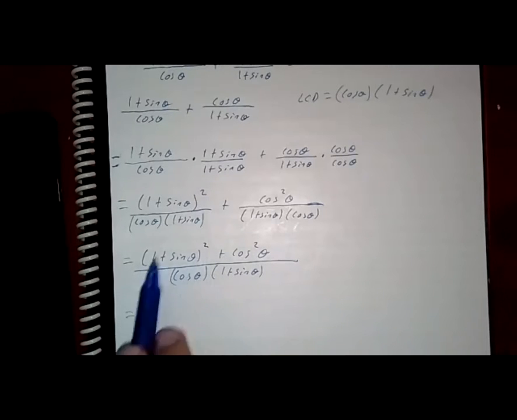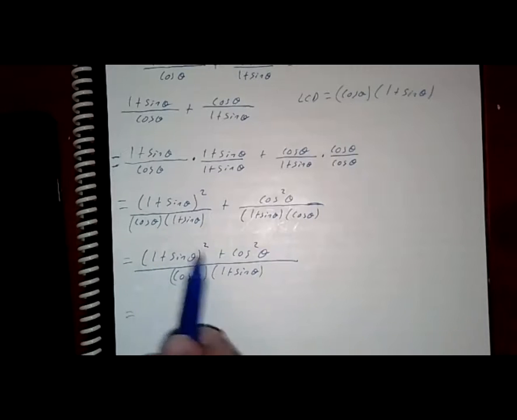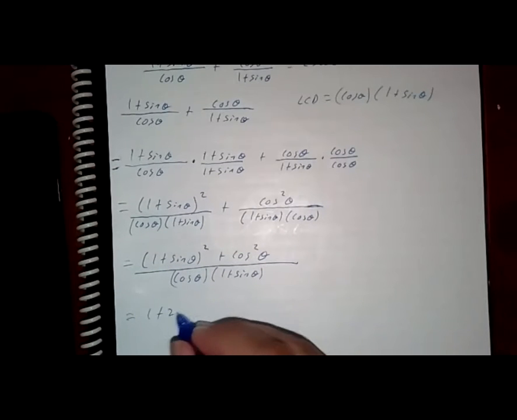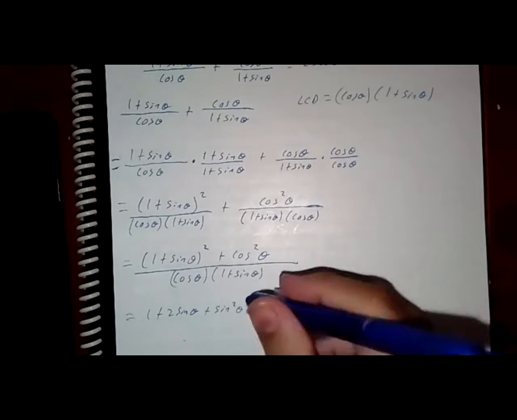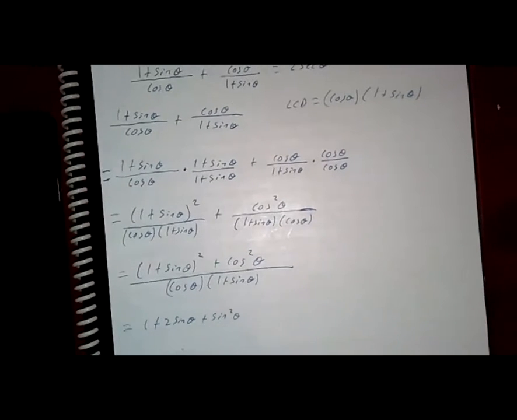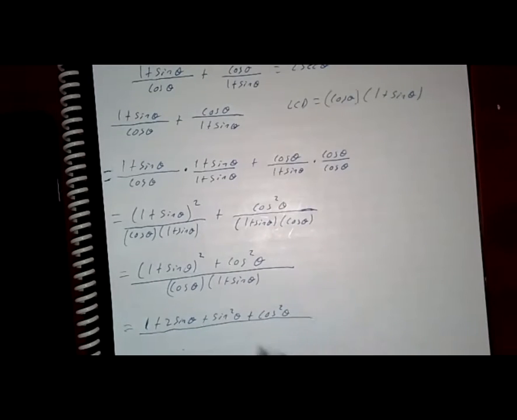1 plus sine squared, if you FOIL this out, you're going to get 1 plus 2 sine theta plus sine squared theta, plus cosine squared theta. So I multiplied everything on top as much as I could.